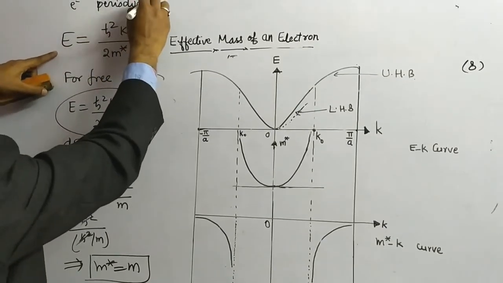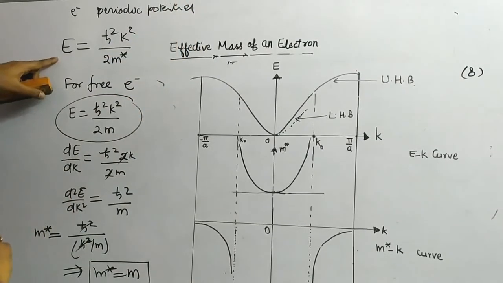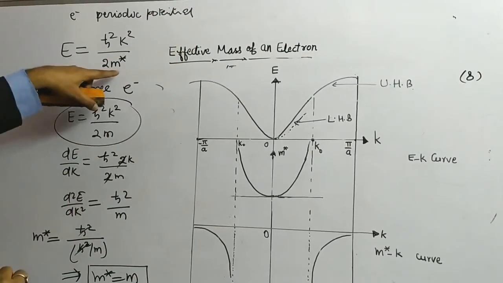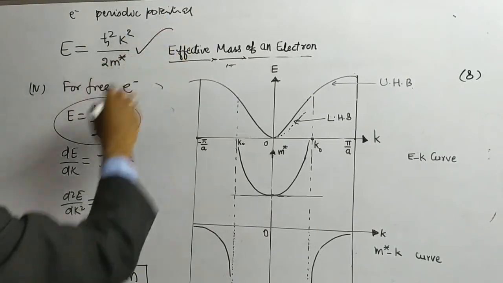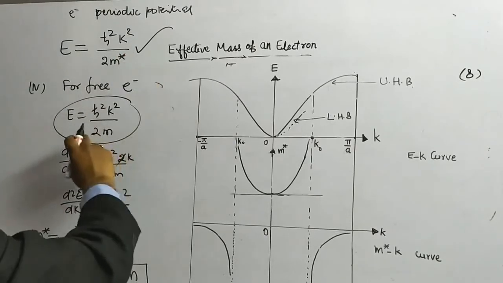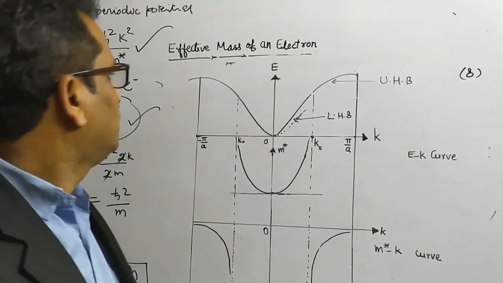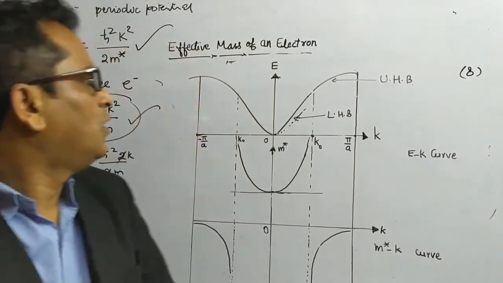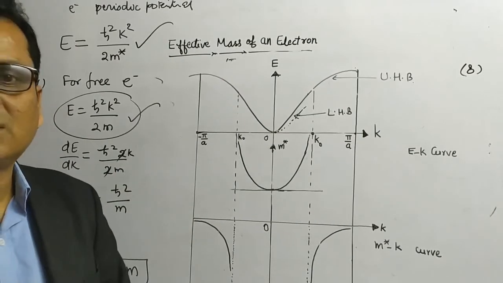What I have done is replaced this m with m star. So this holds for an electron moving in a periodic potential, and this holds for a free electron. So that's all from me as far as the effective mass of an electron is concerned.